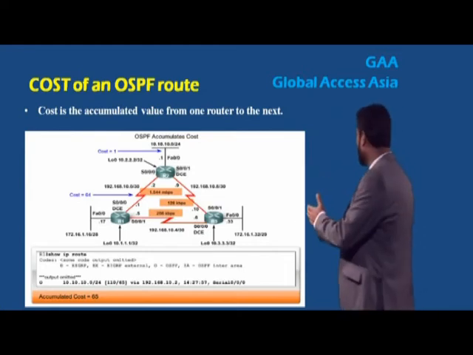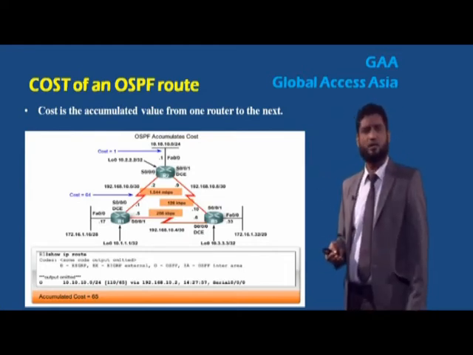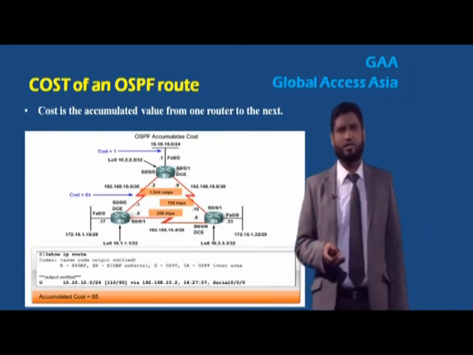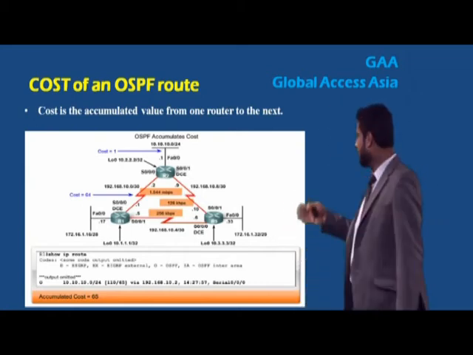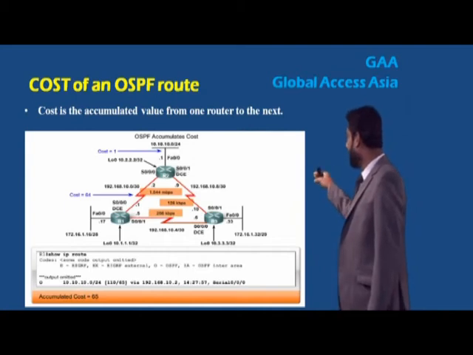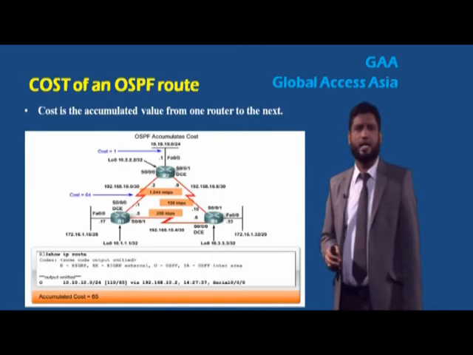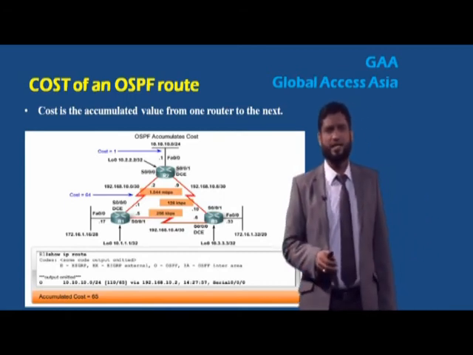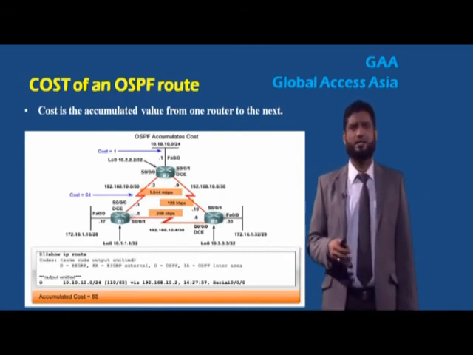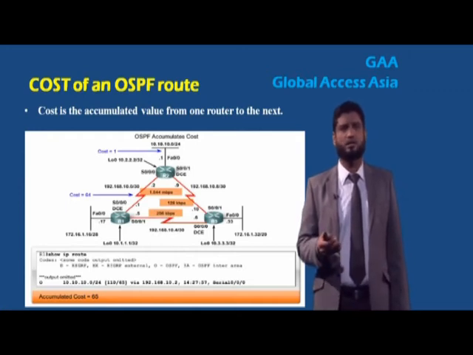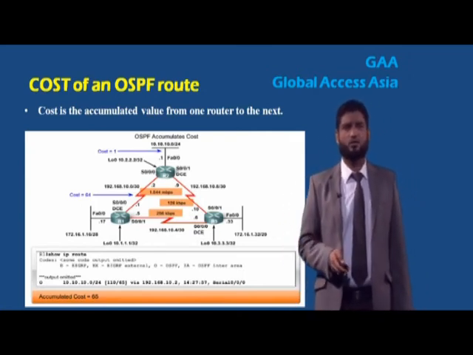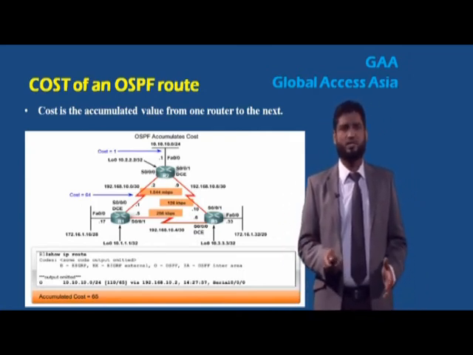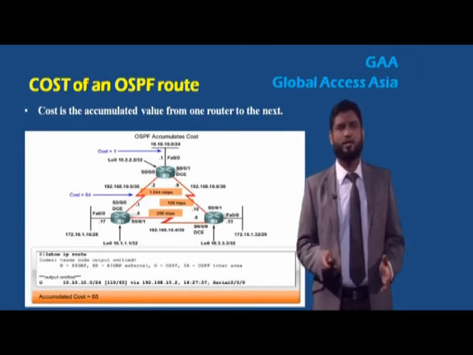In this figure, three routers are connected to each other, and between every link there is some bandwidth, which we can specify directly from the CLI command. Also, if we calculate 10 to the power 8 divided by 64, we can put this metric value directly in the CLI command. Both are allowed.